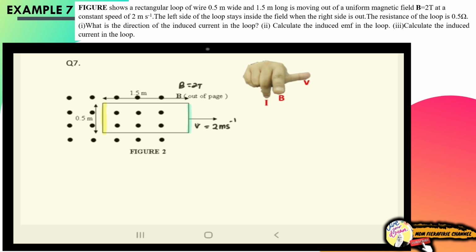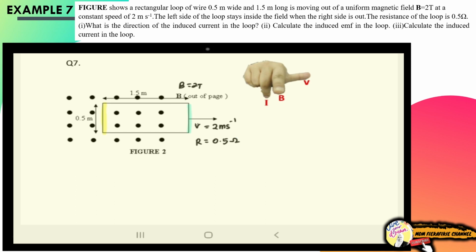Given that the resistance of the loop is 0.5 ohm. Question 1: What is the direction of the induced current in the loop?